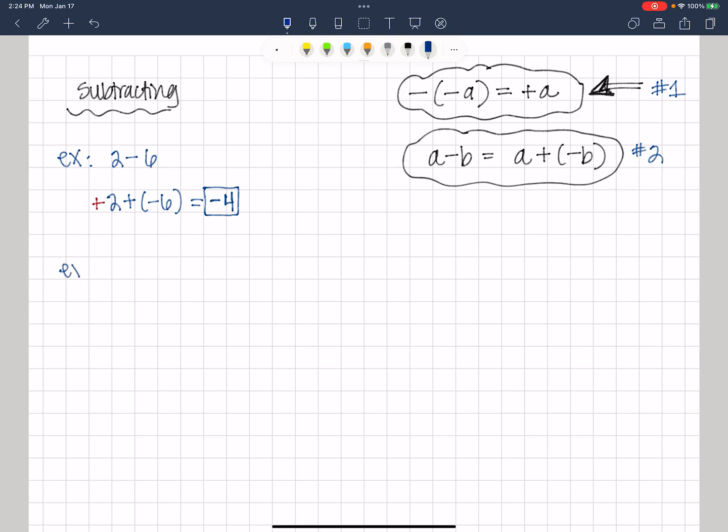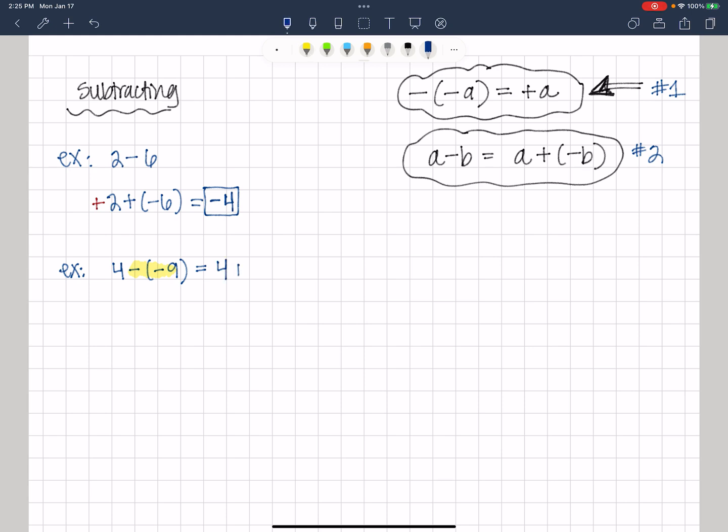Okay, let's try another. 4 minus negative 9. That's going to use rule number 1. The opposite of a negative becomes a positive.